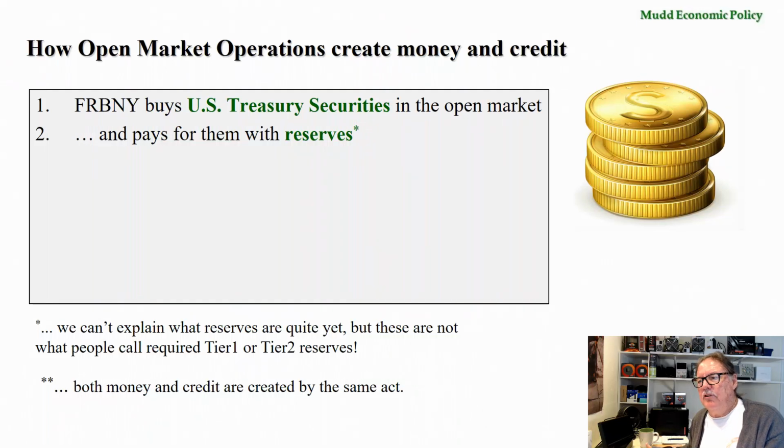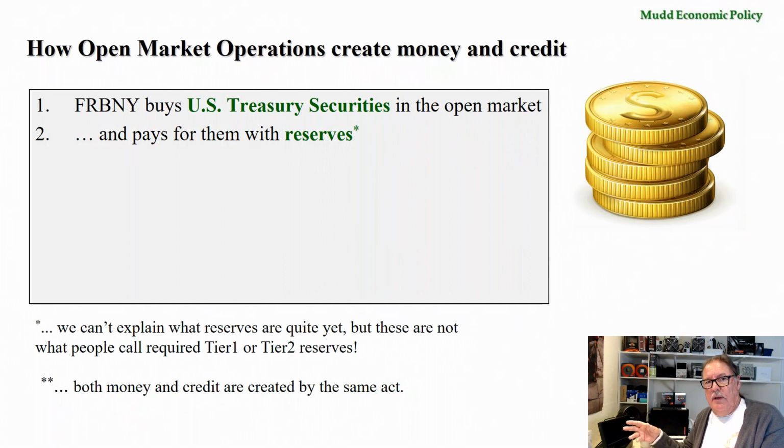We can't explain what reserves are quite yet, and it has to actually be explained when you're doing the open market operation. They are not what people call Tier 1 and Tier 2 reserves, if you've ever heard that term before. The media is constantly making that mistake.